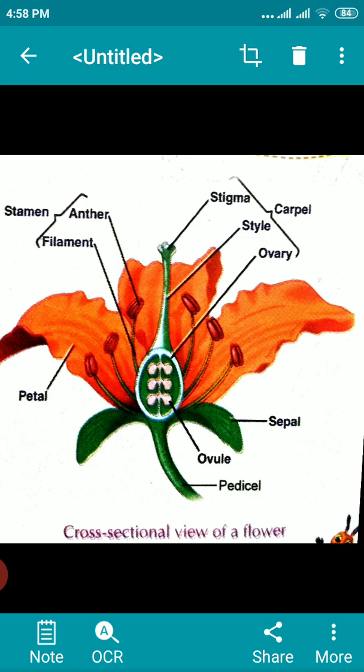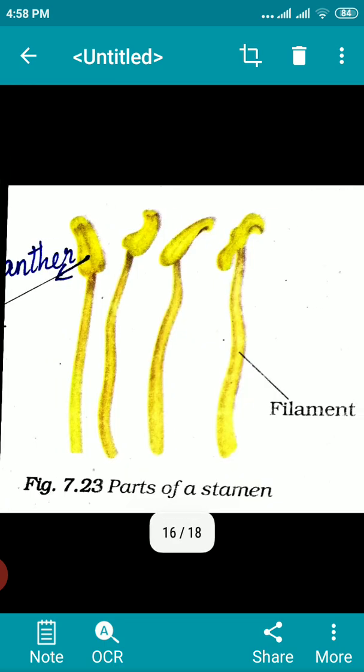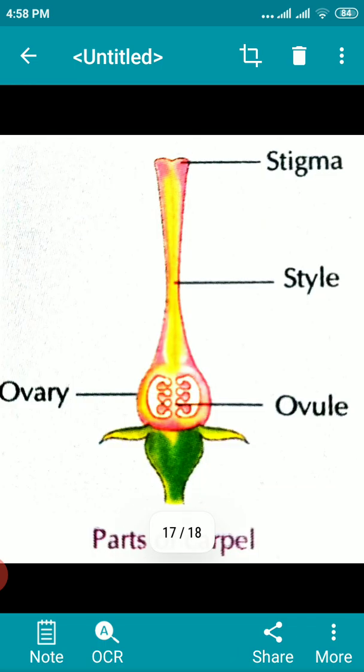If you cut the ovary longitudinally or transversely, whichever you can, you can see the ovules present in the ovary. These ovules become seeds, and the ovary changes into fruit after pollination.